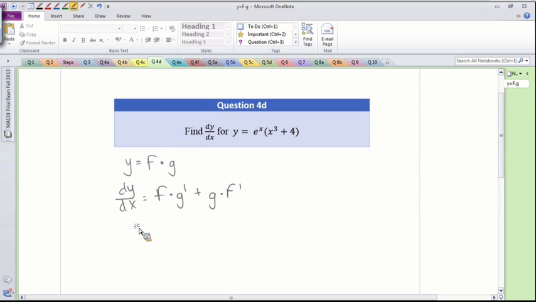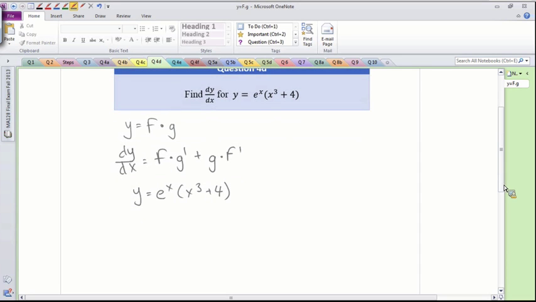So we have y equals e to the x times x to the third plus 4. Before we go on, let's very clearly state what our f is, what our g is, what our f prime is, what our g prime is. Our f is our first term, e to the x. Our g is our second term, x to the third plus 4. I'll write this off to the right.